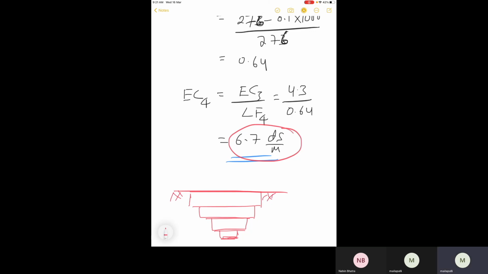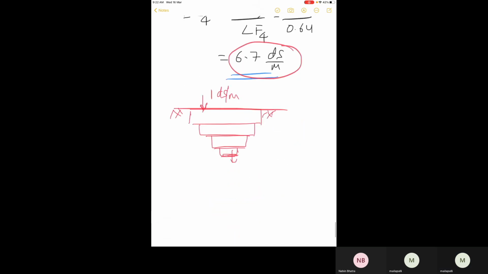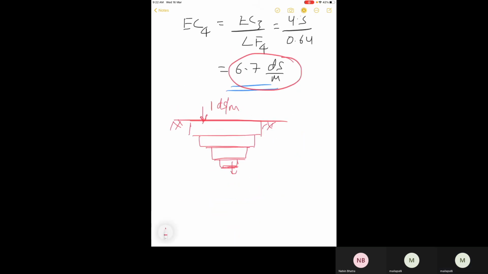So initially there is 1 deci per meter going in, and out will be, let's say, 6.7 deci per meter.